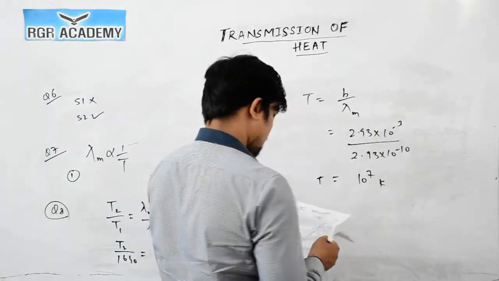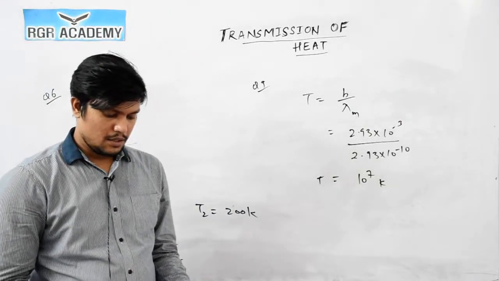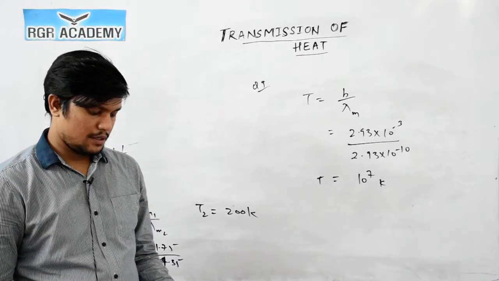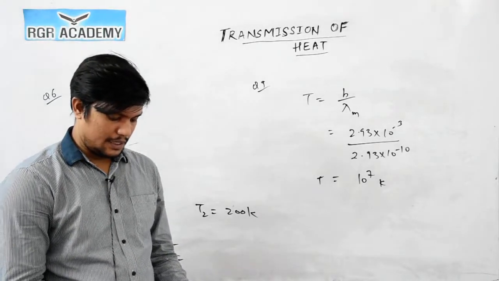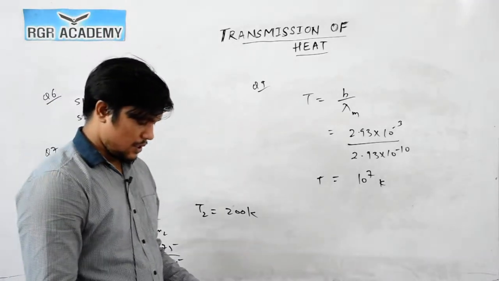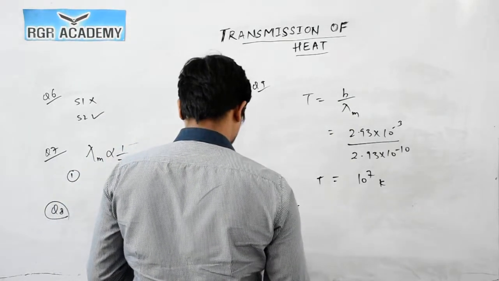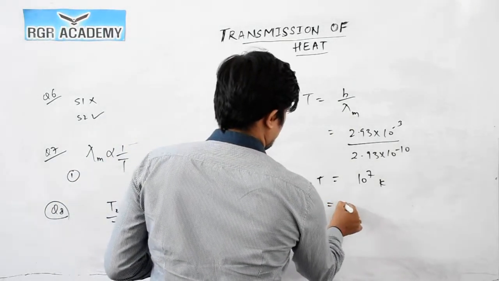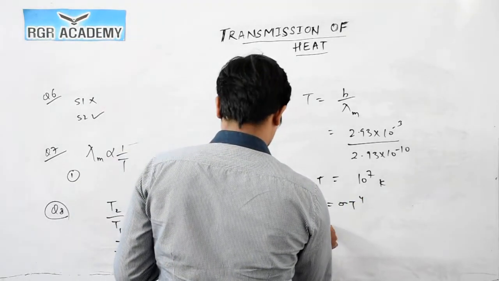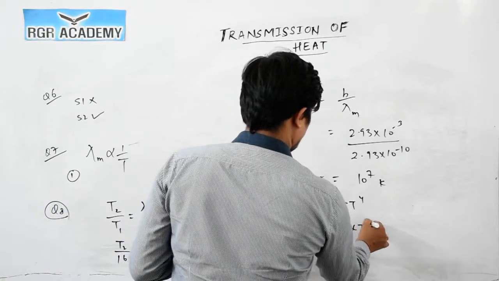In question number 10th, the temperature at which a black body of unit area loses its energy at the rate of 1 joule per second. So they are asking the temperature at which it will lose energy of 1 joule per second. Okay, black body. So this we can write as sigma T to the power 4, that is 5.6 into 10 to the power minus 8 into T to the power 4 is equal to 1.